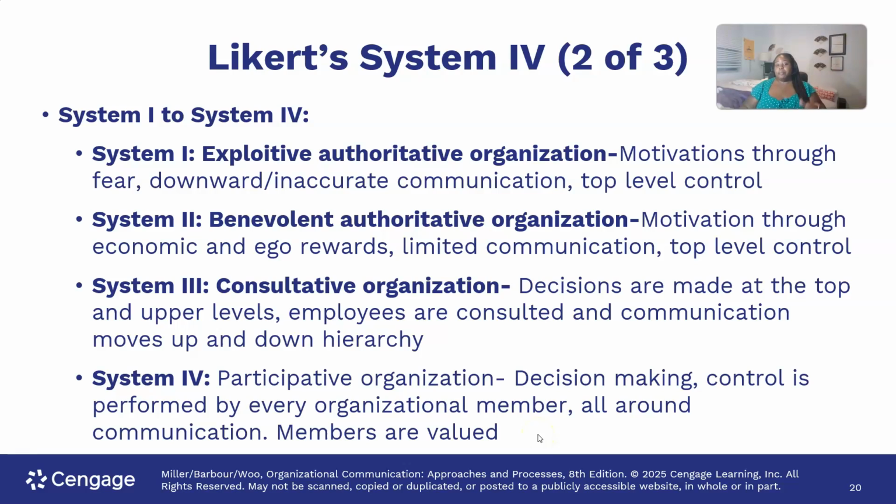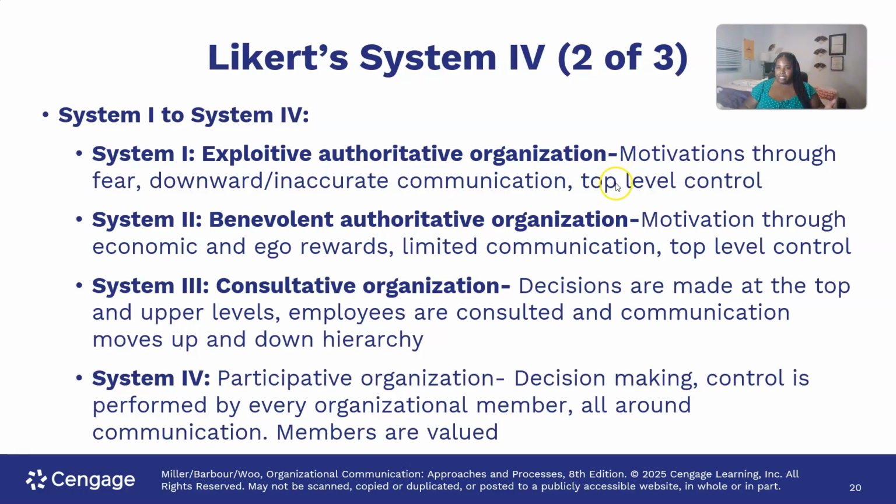And then finally, participative organization. Probably more suited for smaller organizations, but decision making controls are performed by every organizational member, with all around communication, and members are valued. So with smaller companies, because there's a lot less people and a lot less hierarchy, it's a lot easier to have a System 4 type of organization.